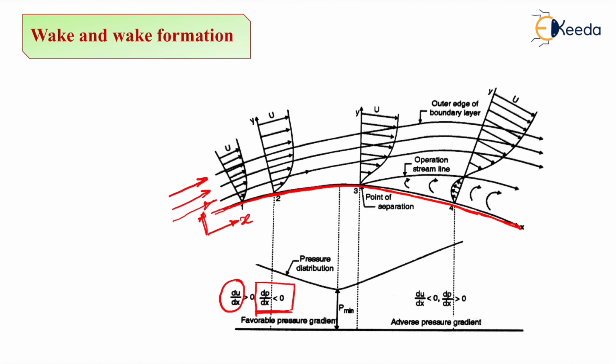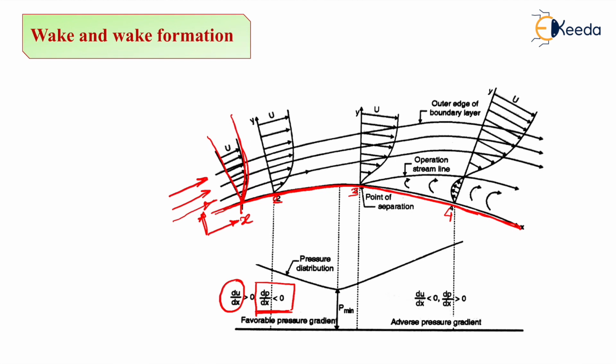So there are various points. I will define those points as point 1, point 2, point 3, point 4 likewise. These curves are nothing but the velocity distributions at those respective points. We all know that in the laminar zone we get a parabolic curve.